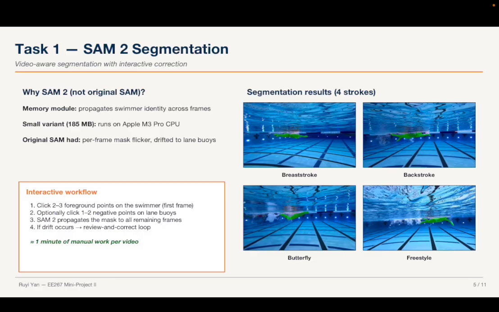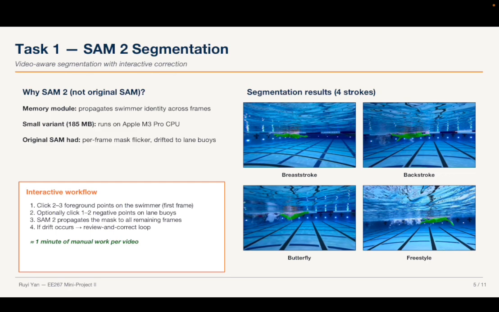For task 1, I chose SAM2 small for two reasons. First, SAM2's memory attention module propagates object identity across frames. When I first tested the original SAM, it produced flickering masks and drift onto lane buoys, bright distractors.